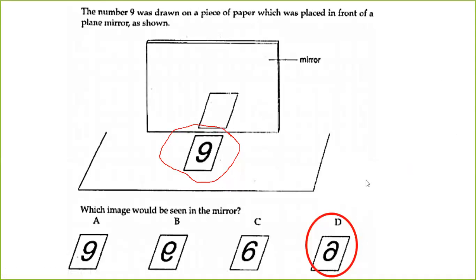The reflection, the image that you're going to see in the mirror is going to look like D, okay? And let's talk about why. So it's for the same reason that we were able to figure out where the image was in the last question. Remember, object distance is equal to image distance.